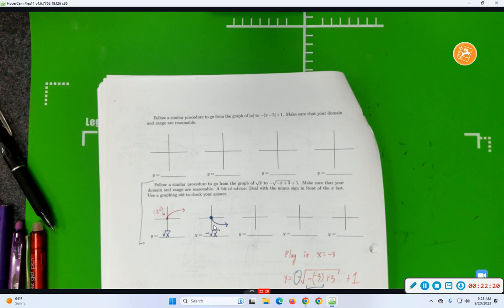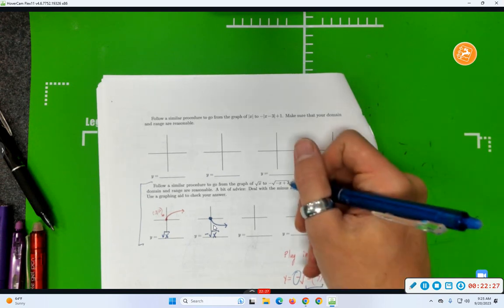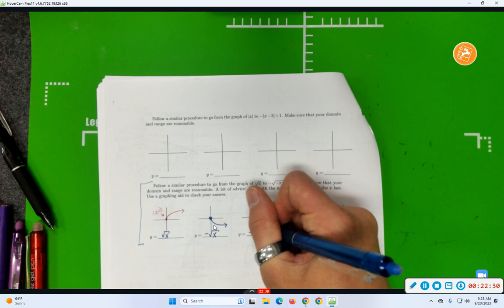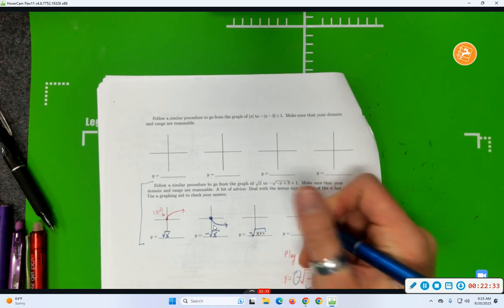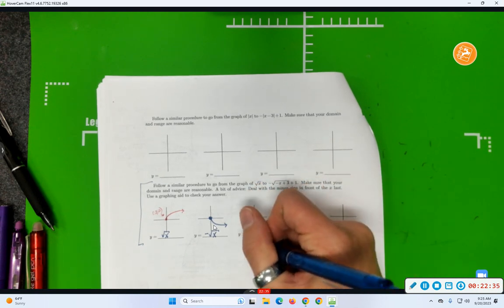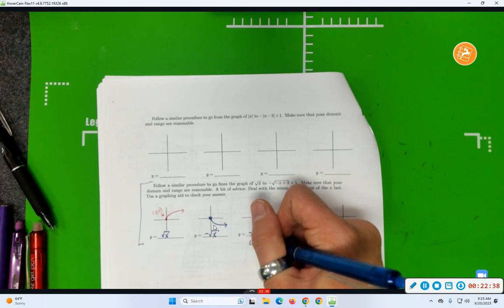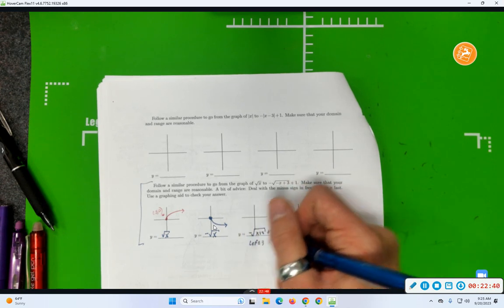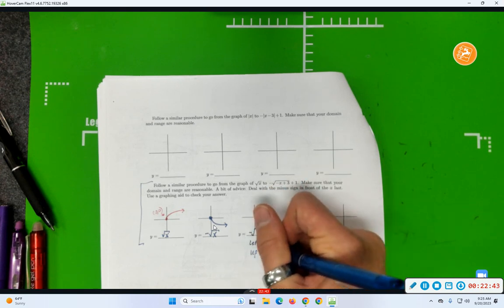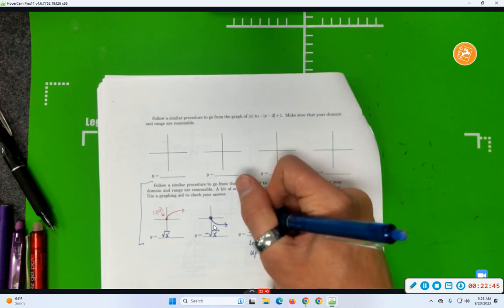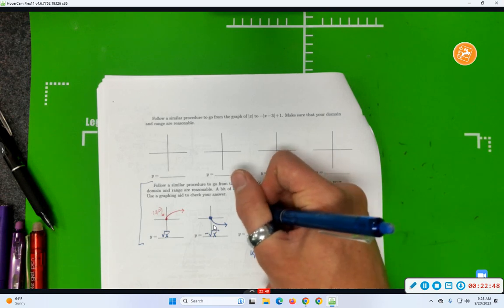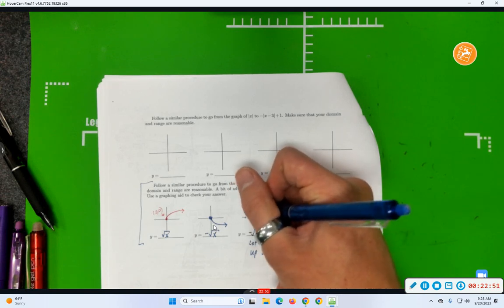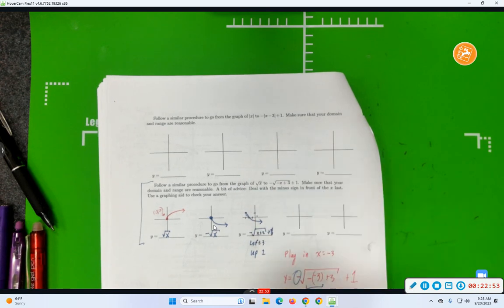Yeah, let's add the 3. And you know what? Let's also do the +1 in the same step, because those are both just shifts. So let's go next to the square root of x plus 3, plus 1. So I guess this will be left 3 and up 1. Left 3: 1, 2, 3, up 1. Something like that. All right. And what's the only thing left that I need to deal with?